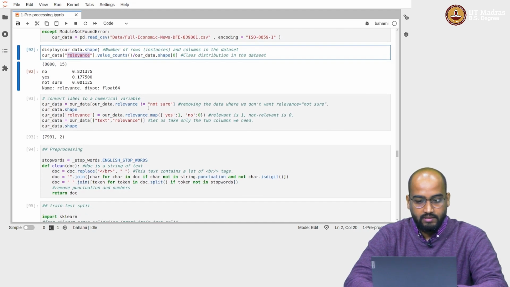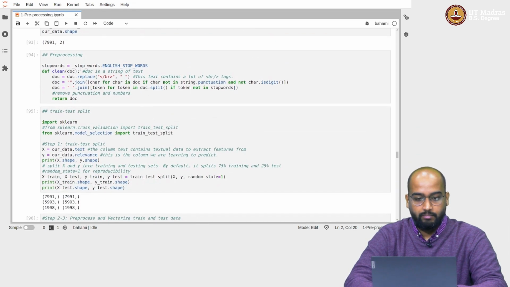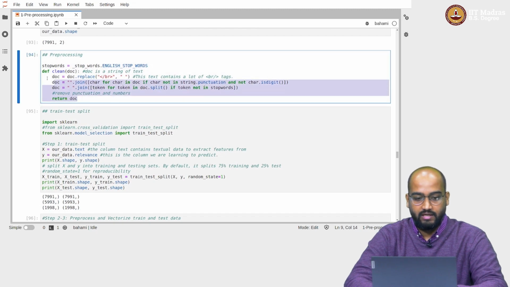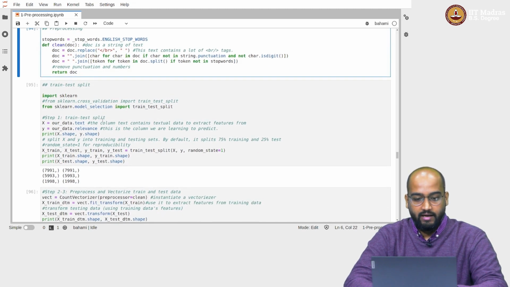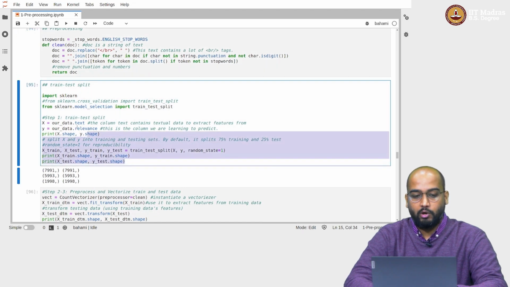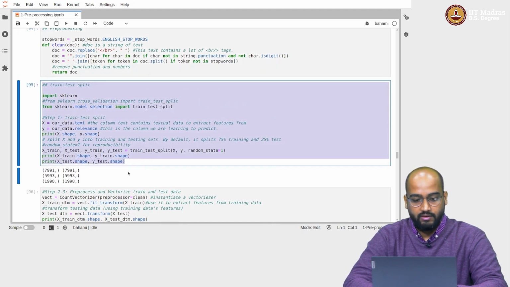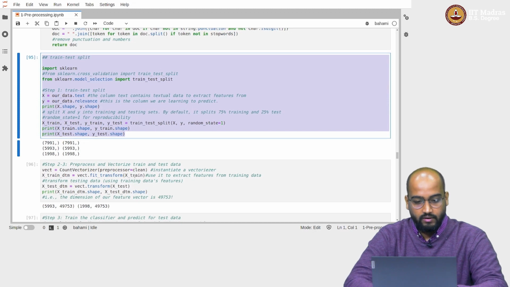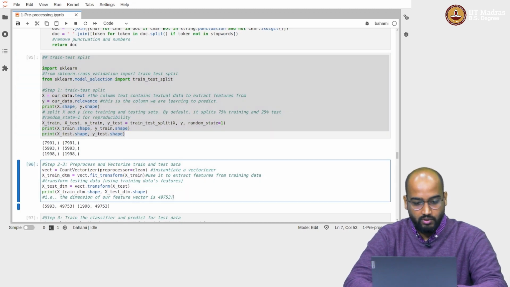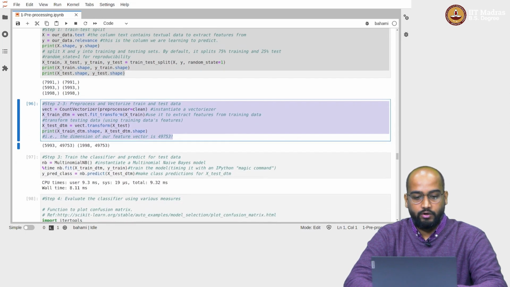So in these cells, what we have is some pre-processing. You can clean the data, and you can drop the stop words and all that. Before you train a model, you always split it into train and test, right? I'm sure you are already aware of it. Without going into a lot of detail, let's skip to the next one. Once you have split the data, then you can create your representations.